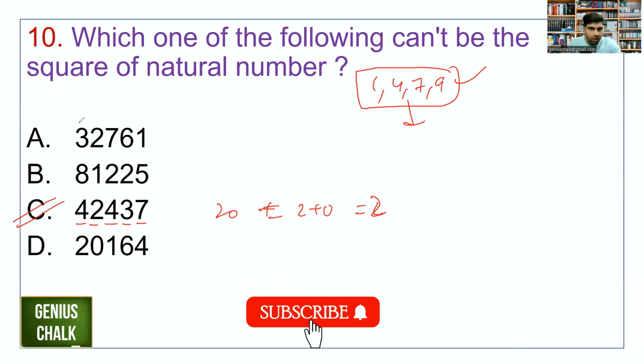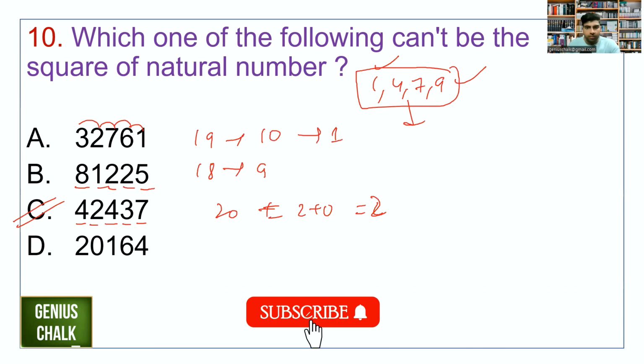Or if you see this, 3 plus 2, 5. 5 plus 7, 12 plus 6, 18 plus 1, 19. 19 means 1 plus 9, that is 1. So 1 is there, yes. If you check this, 8 plus 1, 9 plus 2, this is 11, 13 plus 5, 18. 18 means 9. This is there in the list.